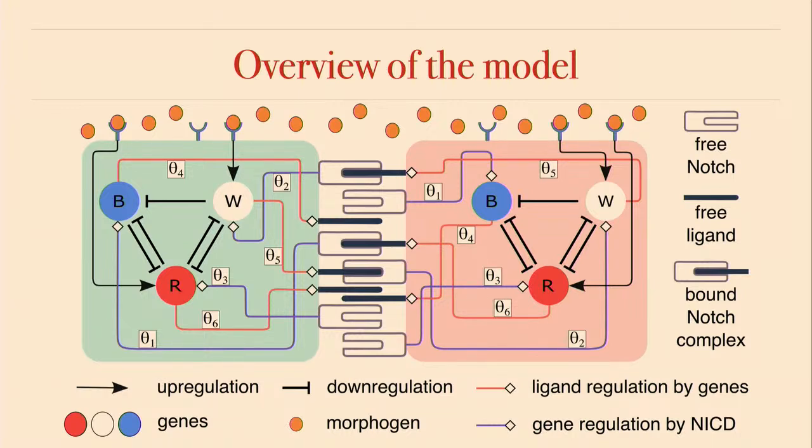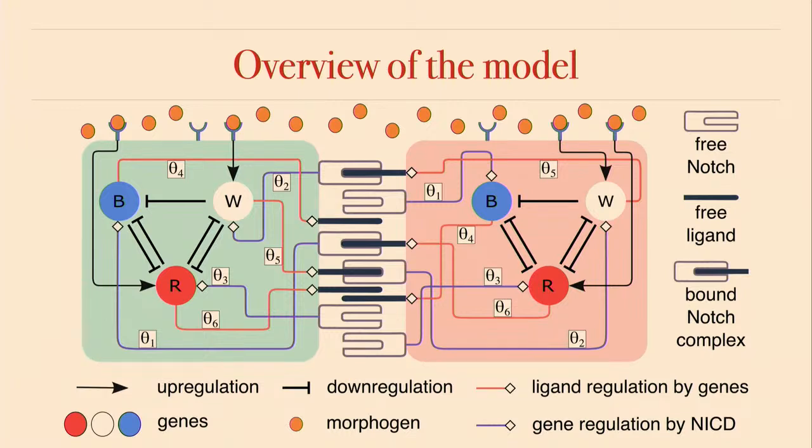So which is why we have called them B, W, and R, which means that one of them would be the blue fate, one the white fate, and one the red fate, right? Now, I'll mention in a second why we have chosen this form of circuit, but put that aside for a second.